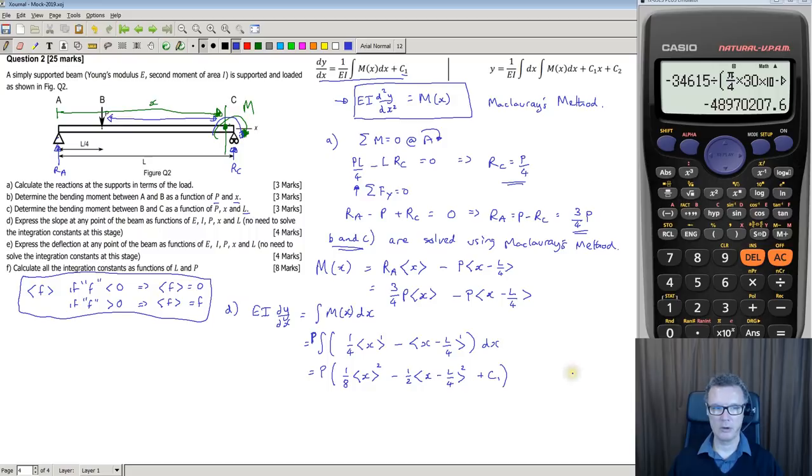Right, so part E is find the deflection. So what we're doing here is we're integrating this again to find y.